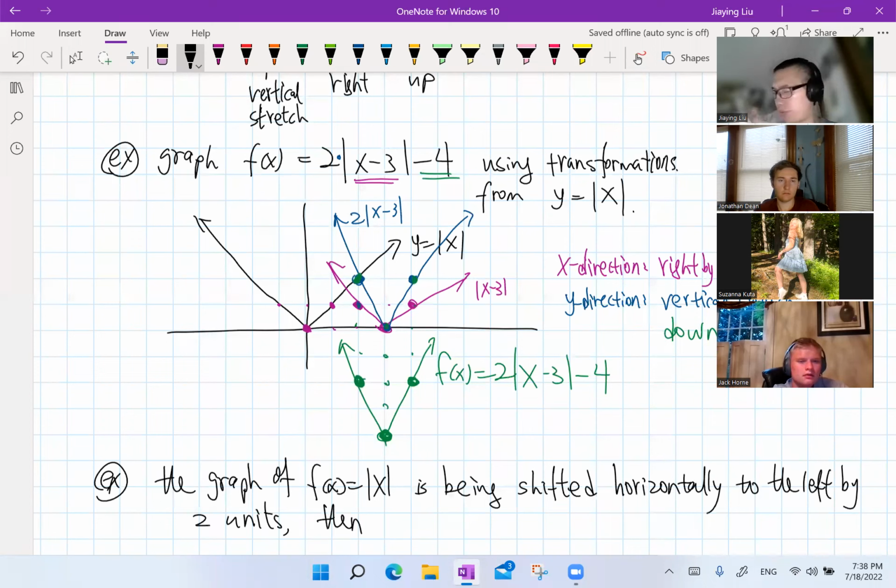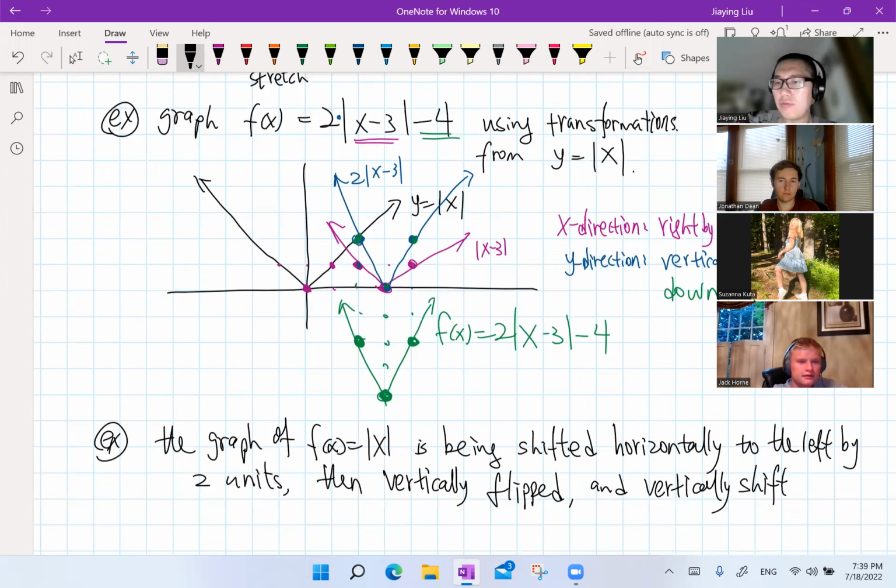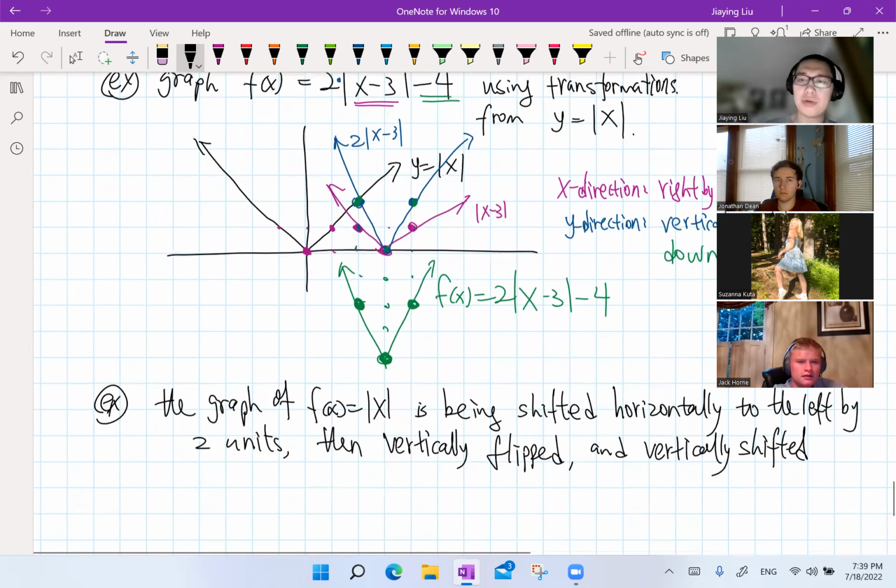Then whatever we get is going to be vertically flipped. And after the vertical flip, there's a vertical shift, vertically shifted up 3 units.